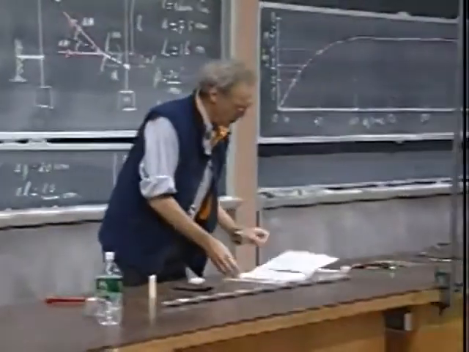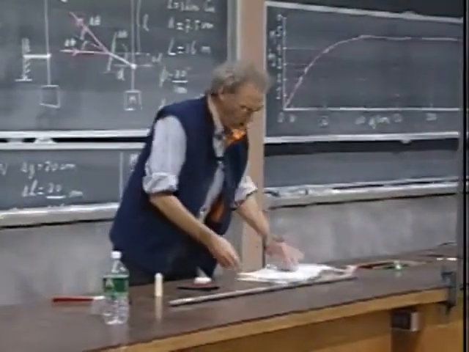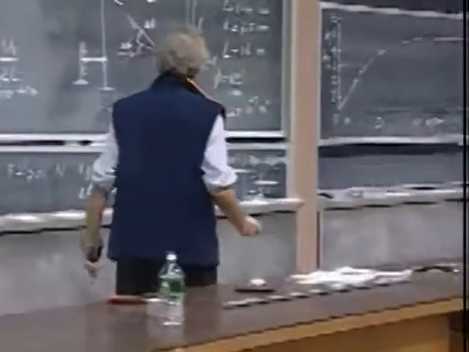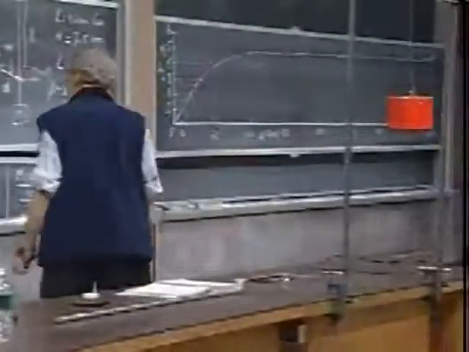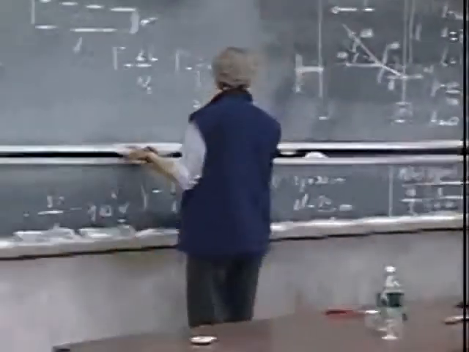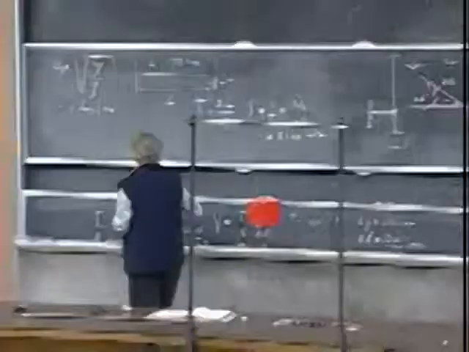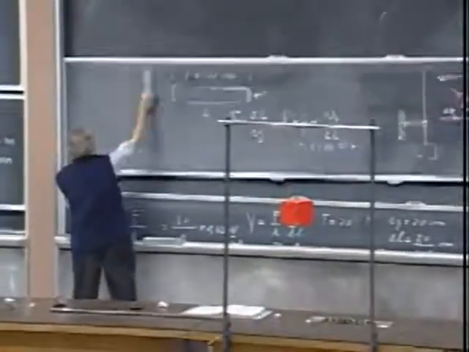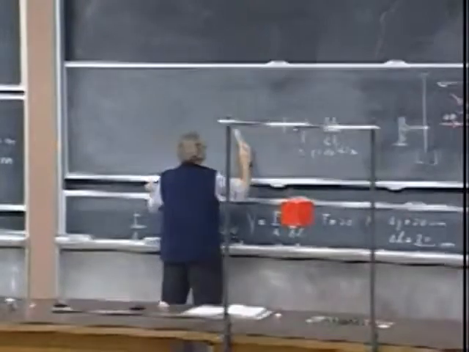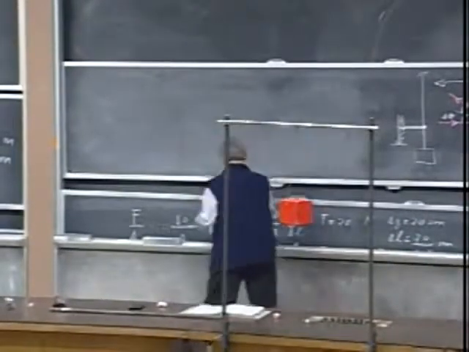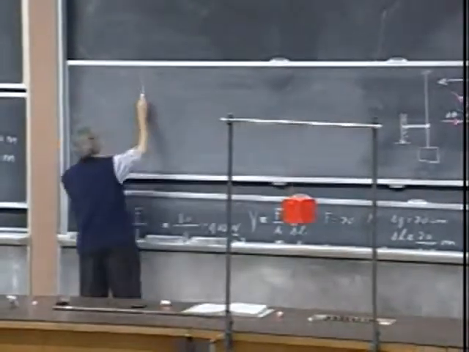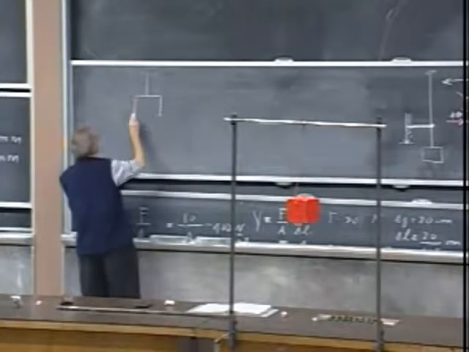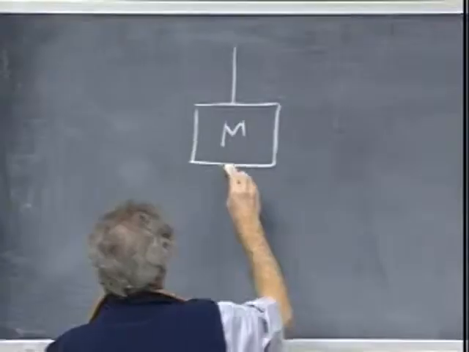Remember earlier in the course that we were wrestling with this problem. We had a block and we had two strings attached to it. Here is one string, here is the block, and here's another string.